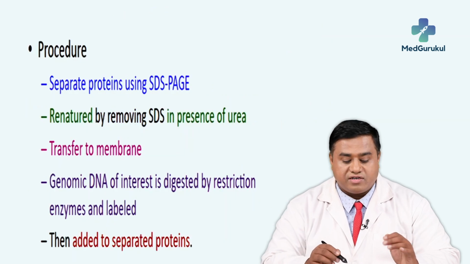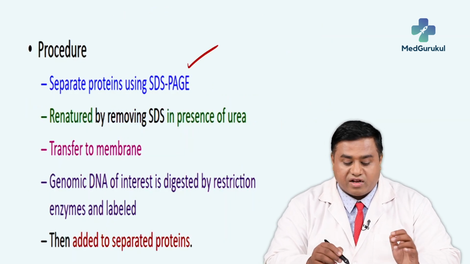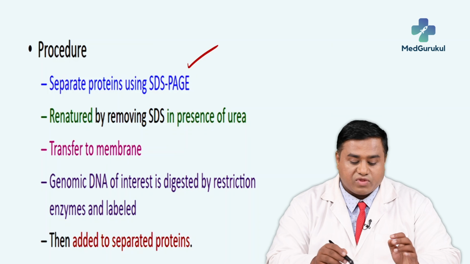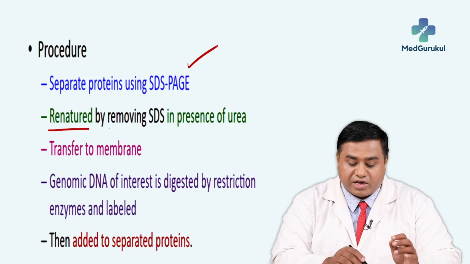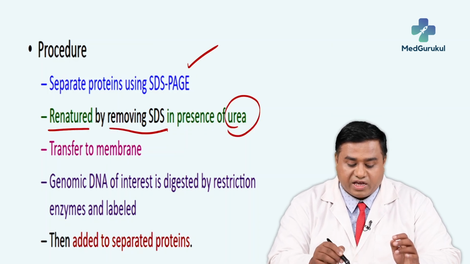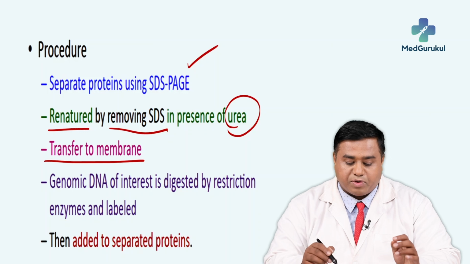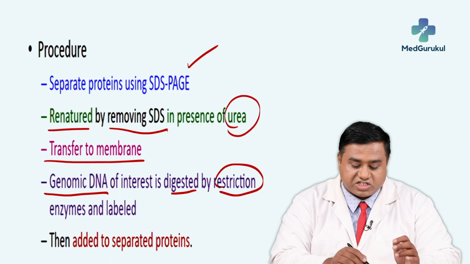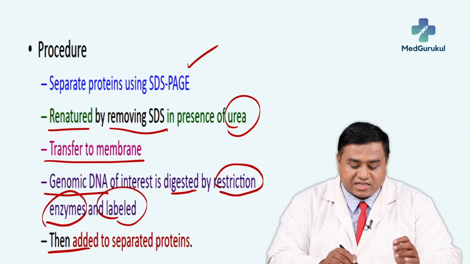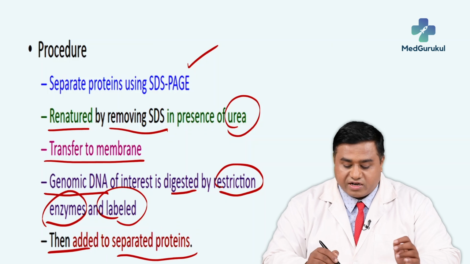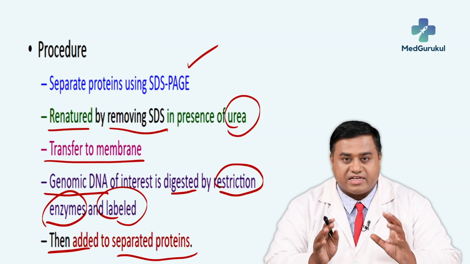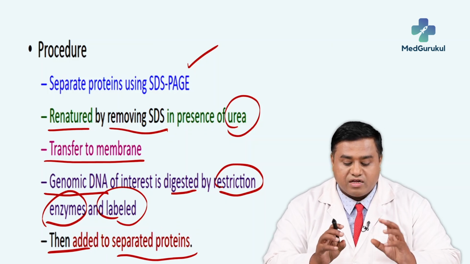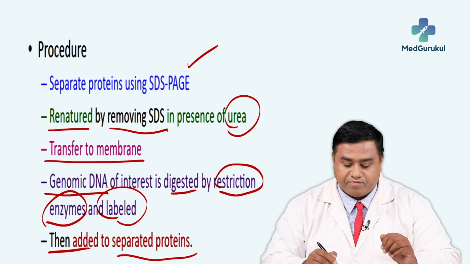So, the procedure: separate the protein using SDS page, renature the protein by removing SDS in the presence of urea, transfer them onto the membrane. Then the genomic DNA of interest is digested using restriction enzyme and labeled. Then add the separated protein to it to see which transcription factor binds to that particular genetic segment.